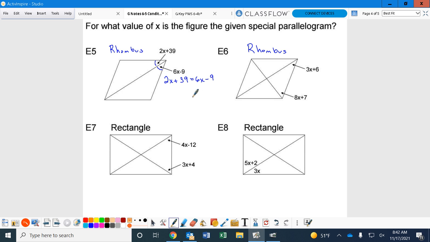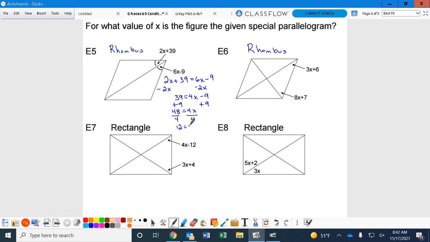Okay, minus 2x minus 2x. That's going to make it 39 equals 4x minus 9. Add 9, add 9. 48 equals 4x. Divide by 4, and 12 equals x.